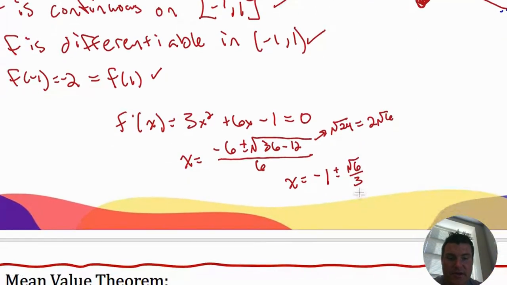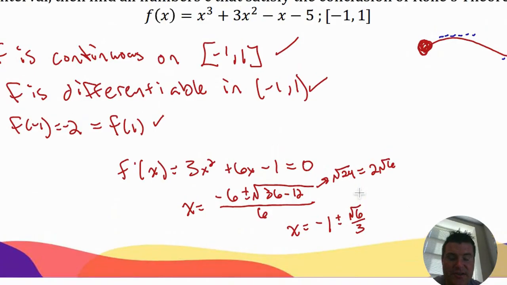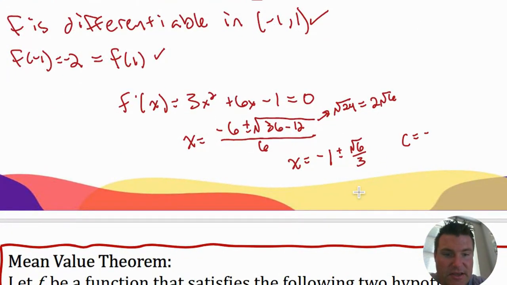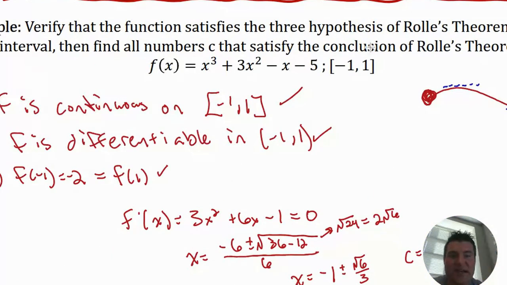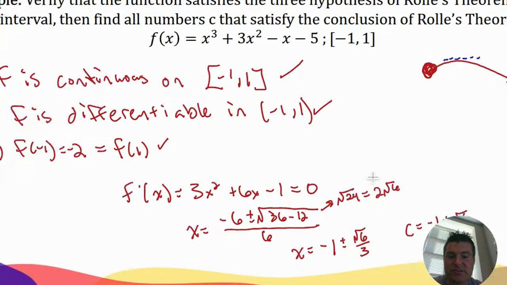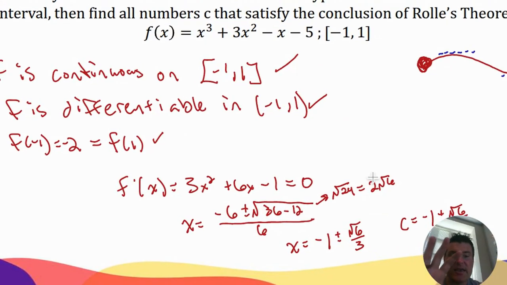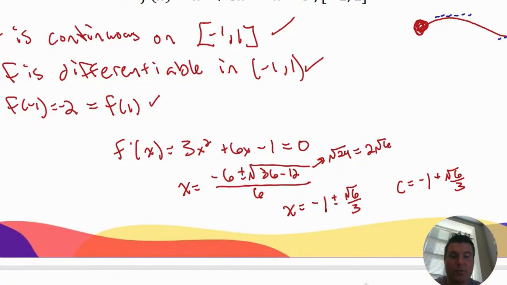And if you look here at -1, if we subtract another value from -1, that's not going to be in there. So the only c value that's going to graduate is -1 plus root 6 over 3. We reject the negative because it is outside of our bounds. So this is going to wrap up our problem here for Rolle's theorem. Rolle's theorem works for this right here, and we are capable of finding our c value where this does happen.